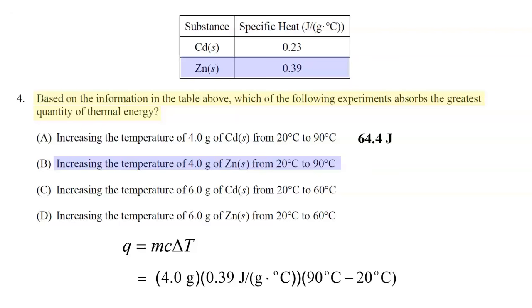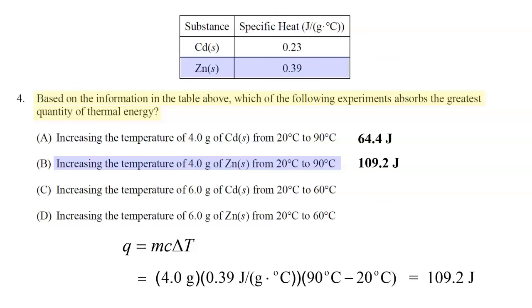Again, you do 4 times 0.39 times 70, and the amount of joules this time is 109.2. I'll just keep writing down all of the answers to these calculations.